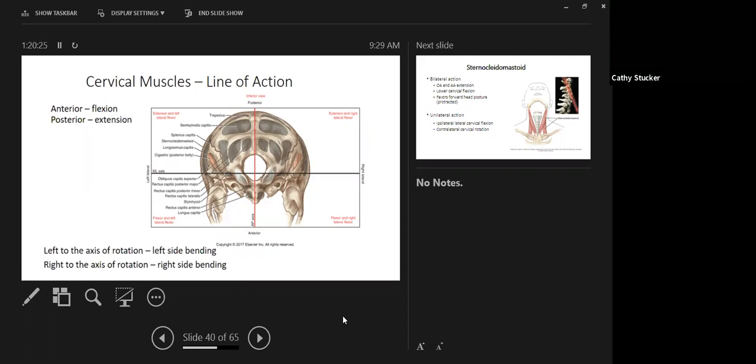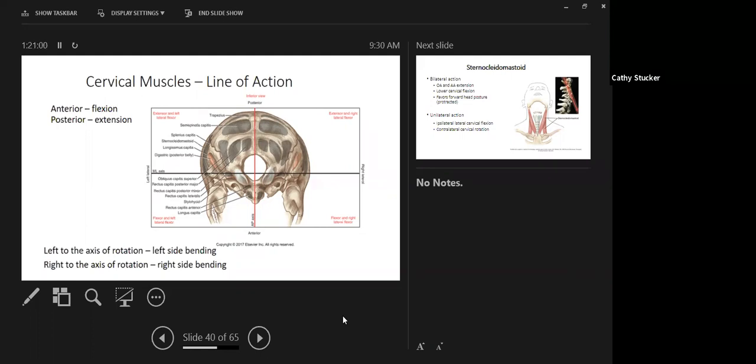So if I asked you which had a greater moment arm for extension, trapezius or longissimus capitis, you would say trapezius, right? It is farthest from the axis of motion. It has a longer moment arm. It is more effective as a cervical extensor. Does that make sense? If there are muscles that are on both sides, but only one side functions, then they're going to have just that unilateral axis of side flexion.